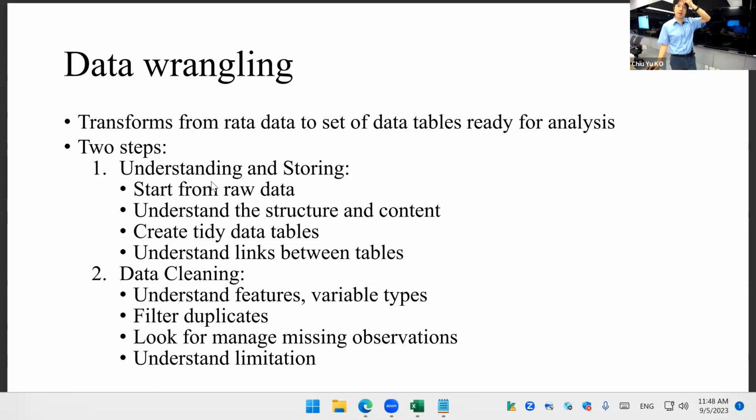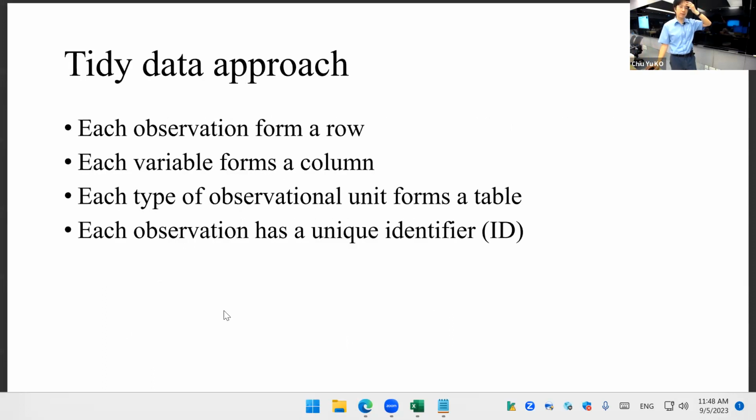So here we'll start these steps one by one. What is the tidy data approach? Tidy data approach means, as I said in the beginning, it's an Excel idea but with a particular structure: each row is an observation, and each column is a variable type.